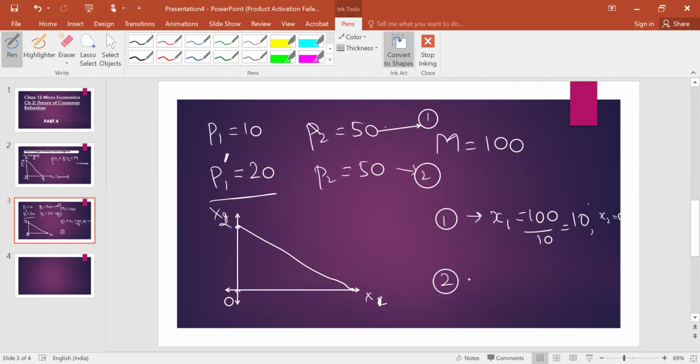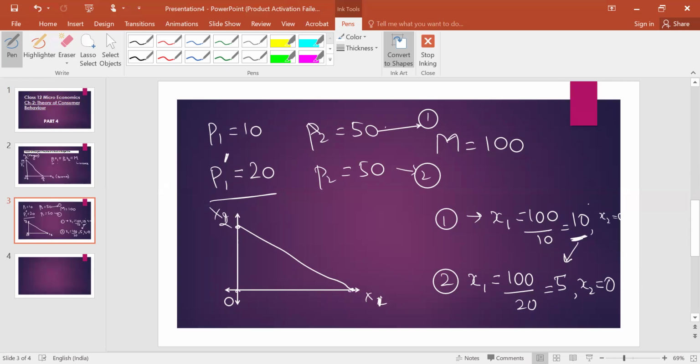Now in the second scenario, if I spend all my income on good one, whose price is 20, I would be able to consume 5 units. So X2 is equal to 0 here also. Now we see that because the price of good one has increased, I would be able to consume fewer units of good one.